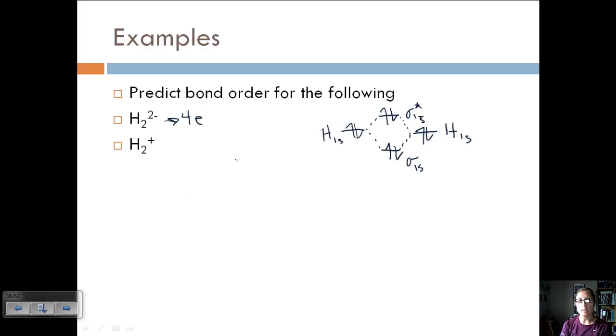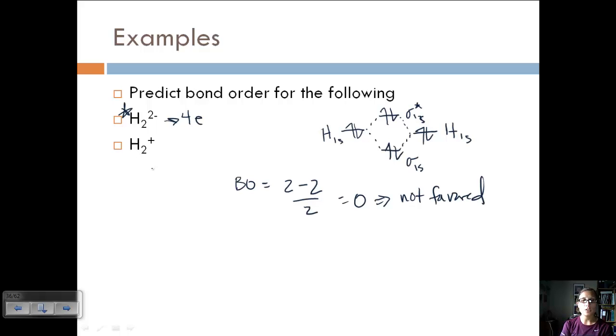Bond order is equal to bonding electrons minus antibonding electrons over 2. So we have 2 minus 2 over 2, and that's going to give us 0, which means that this molecule is not favored.